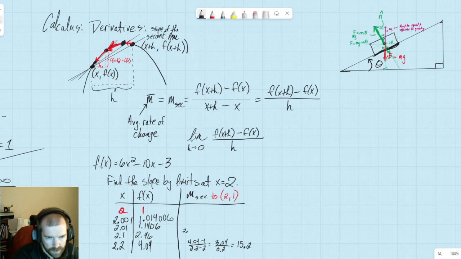This one's going to be 2.46 minus 1 over 2.1 minus 1, which is going to be 1.46 divided by 0.1, which is going to be 14.6.